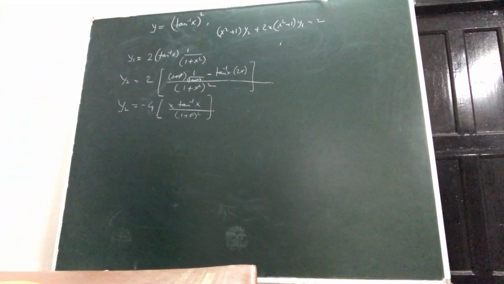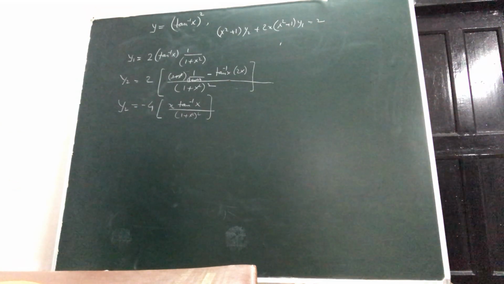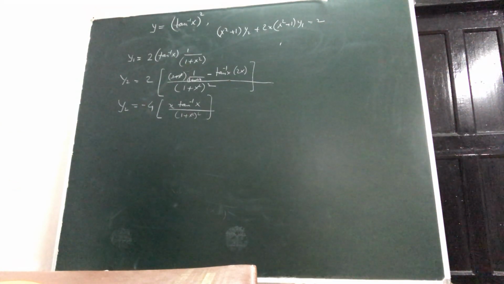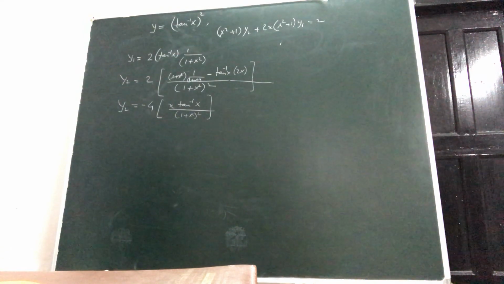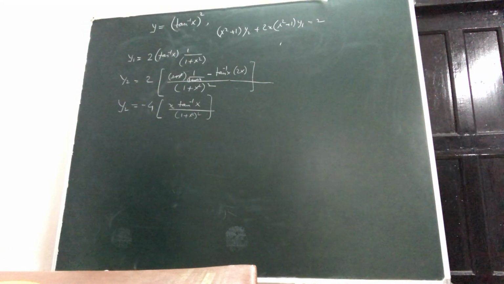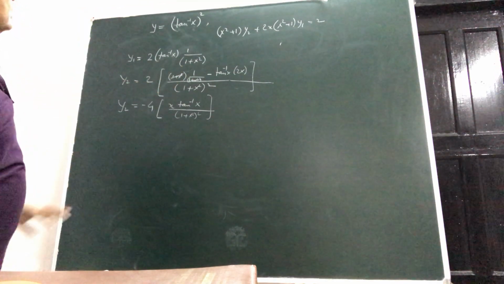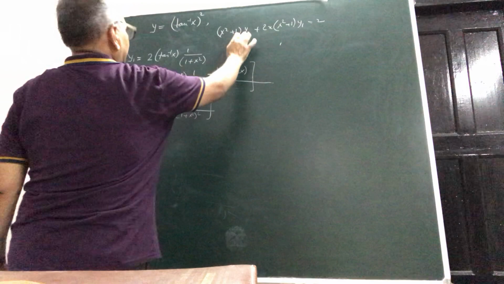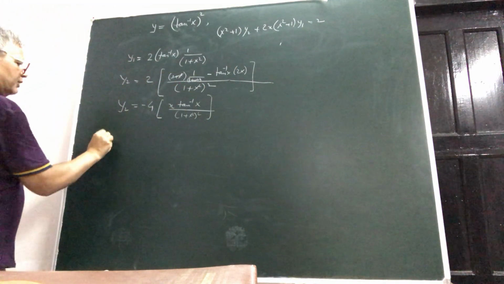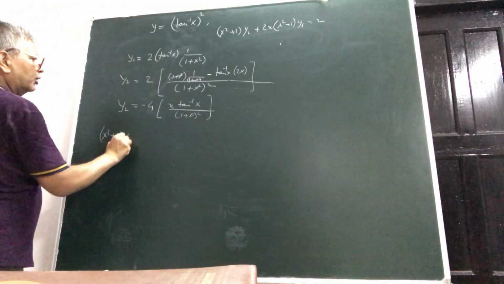Okay, so now please see what we can do here. And y1 is this much of thing. Let us find the value of (x square plus 1) y2. (x square plus 1) y2 will give me what?